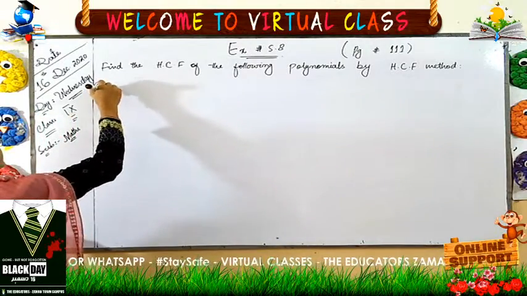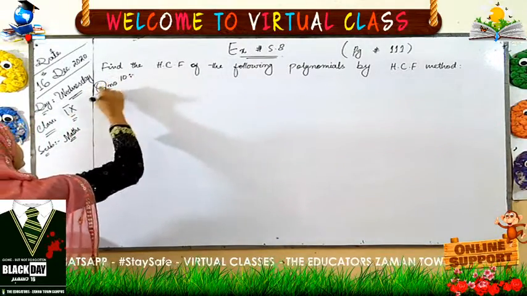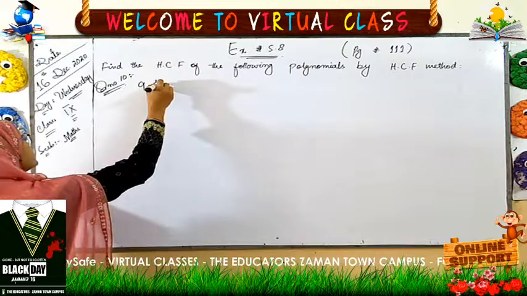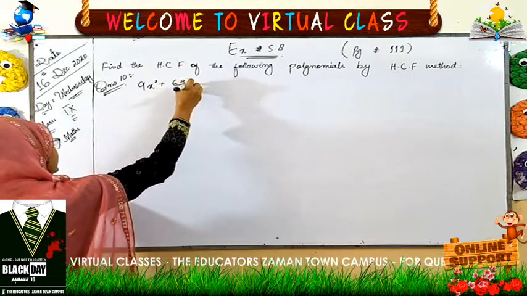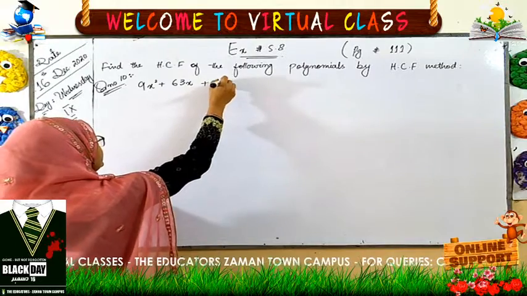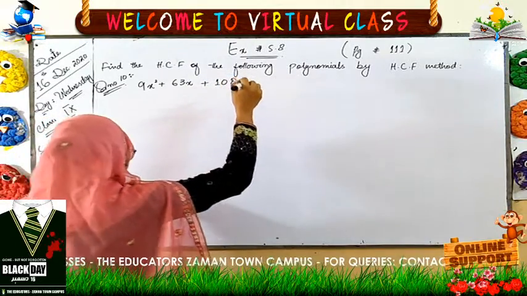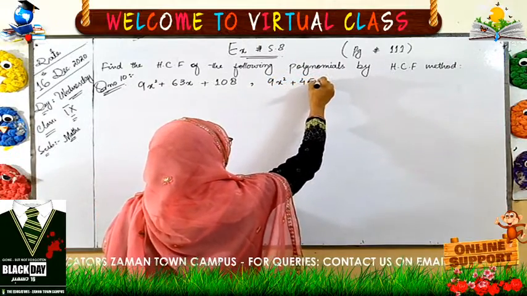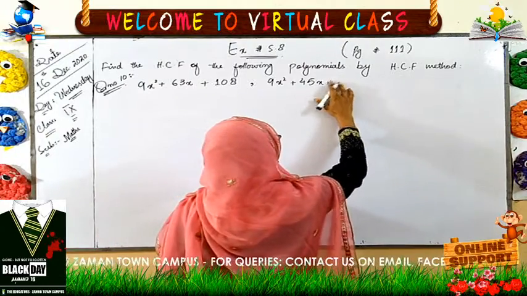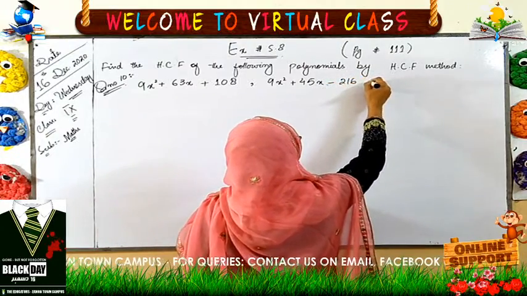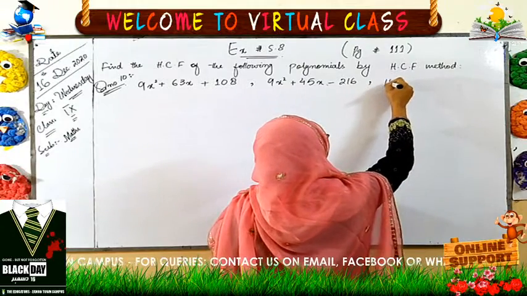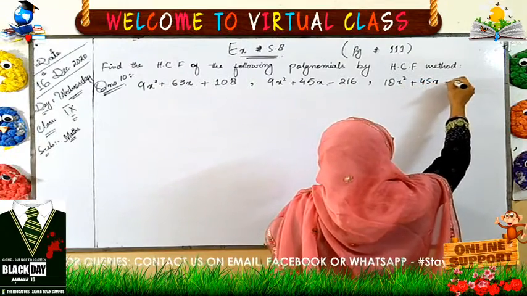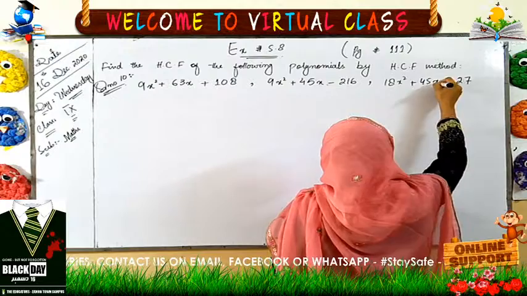See question number 10. We are having 9x square plus 63x plus 108. The second expression we are having 9x square plus 45x minus 216, and the last expression we are having 18x square plus 45x minus 27, okay.